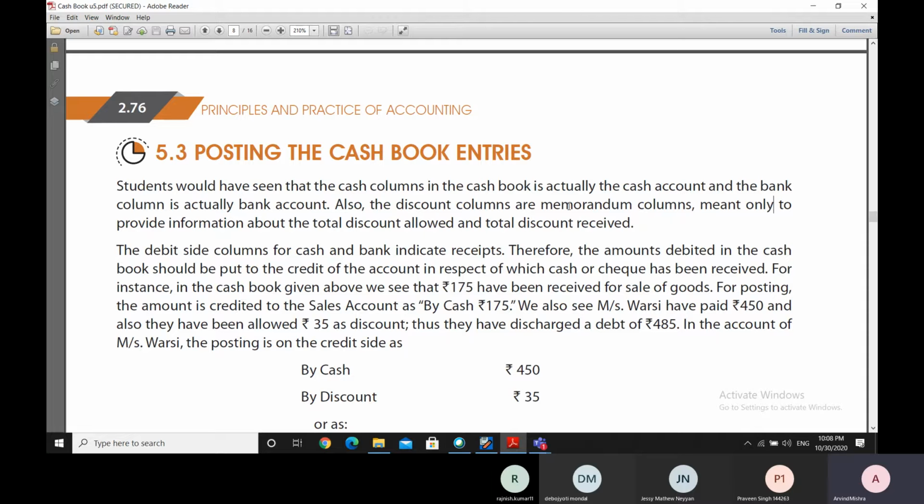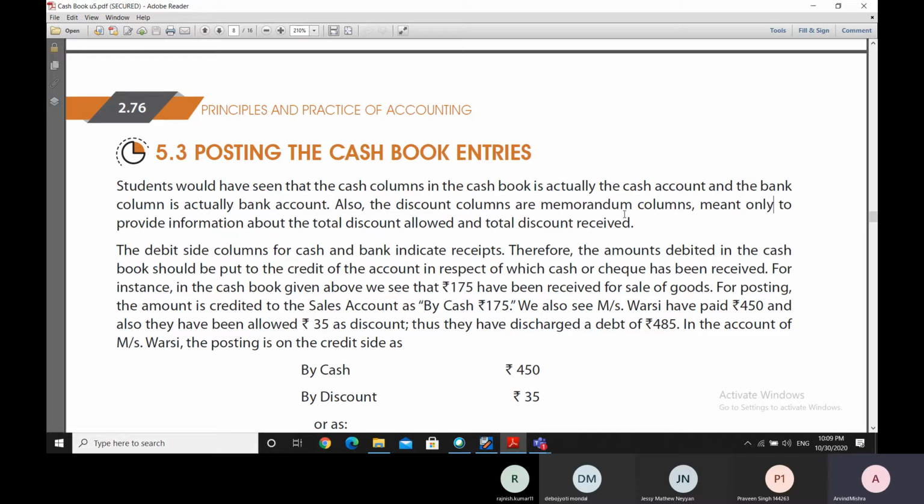The word memorandum means that we are communicating something, and therefore discount columns are memorandum columns which are meant to provide information about the total discount allowed and total discount received.